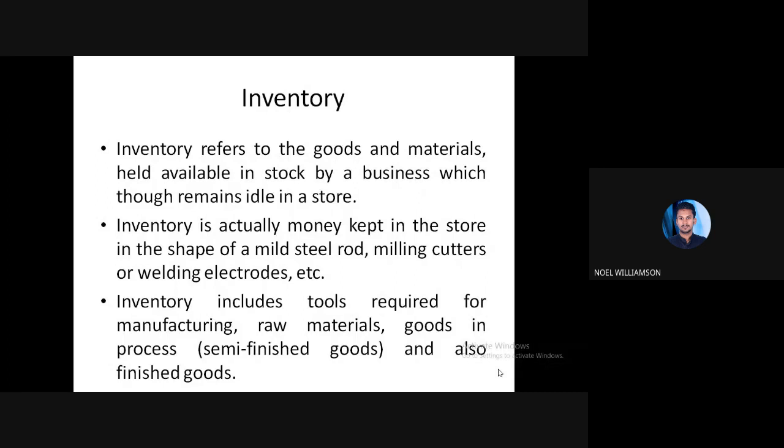First thing, that is inventory. Inventory mainly refers to the goods and materials held available in stock by a business, which remain idle at a stock store. That means it is kept as a buffer; materials or services are kept as buffer stock, which is made available according to the demand.